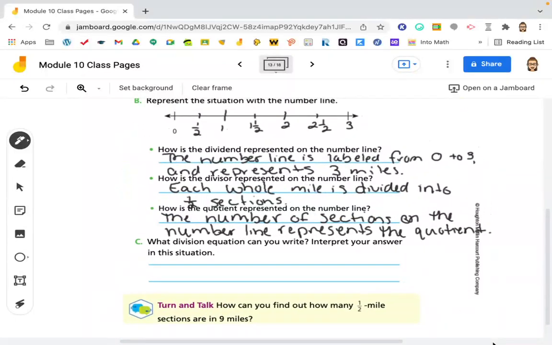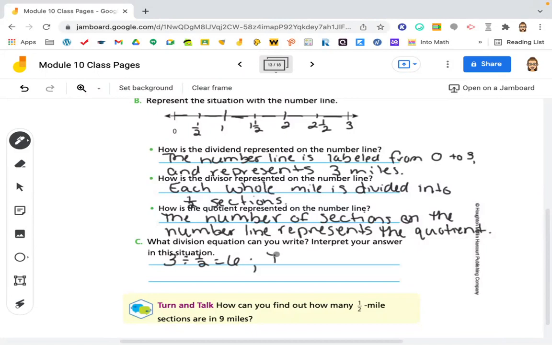C says, what division equation can you write and interpret in this situation? So we would write 3 divided by 1/2 equals, well, we have 1, 2, 3, 4, 5, 6.